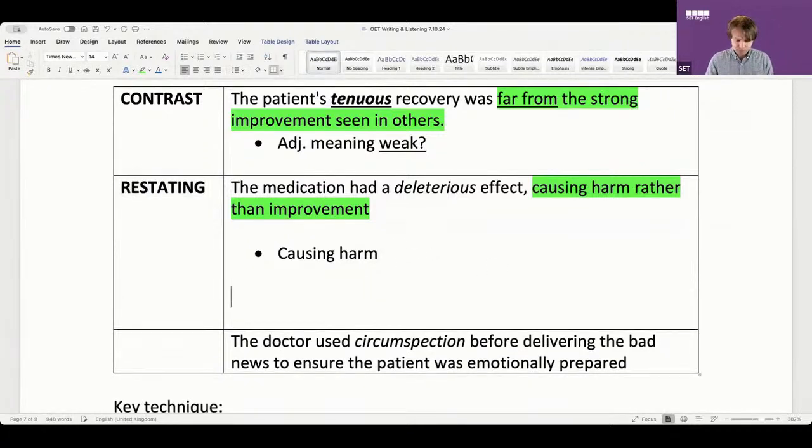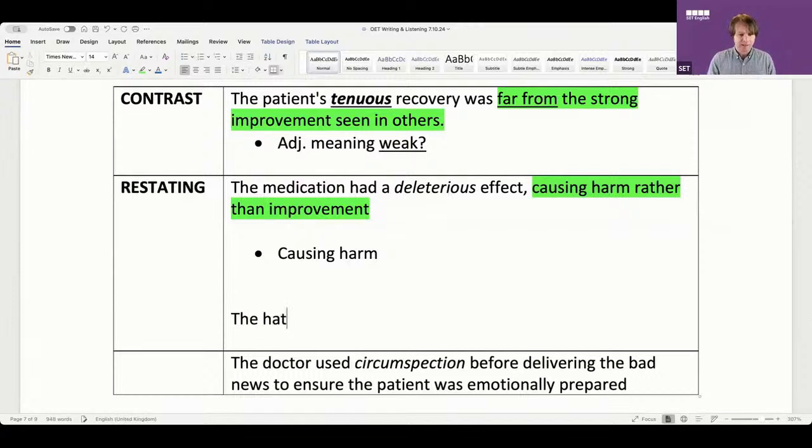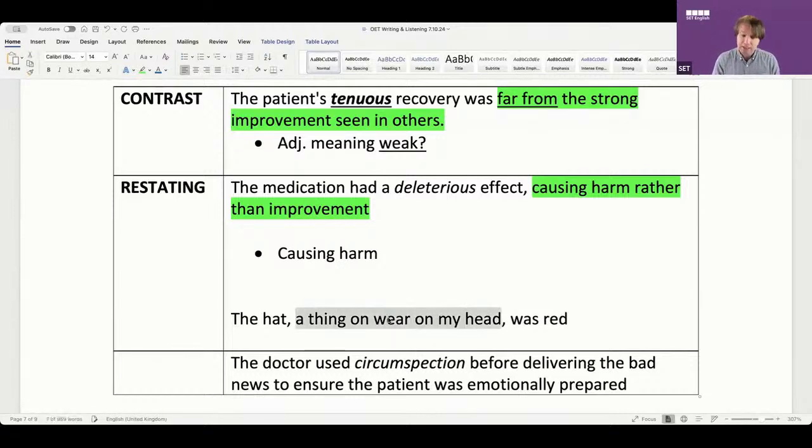Like, you know, the hat, a thing I wear on my head, was red. Sorry about my typing. Do you see that? What am I doing in this clause here? I'm just restating what a hat is. We do this in English. Sometimes you will see a comma, and we kind of restate it.